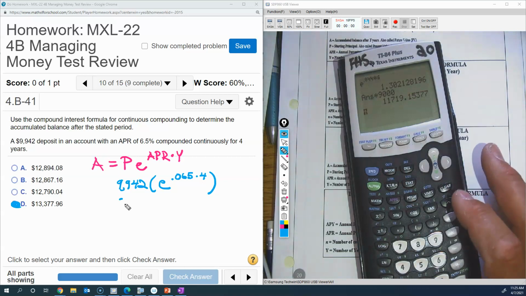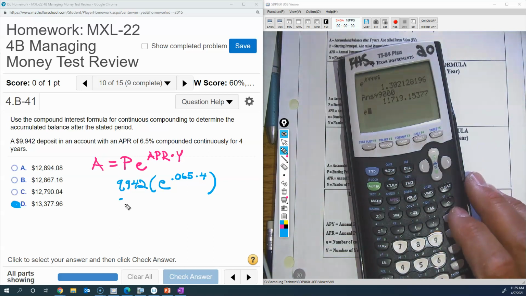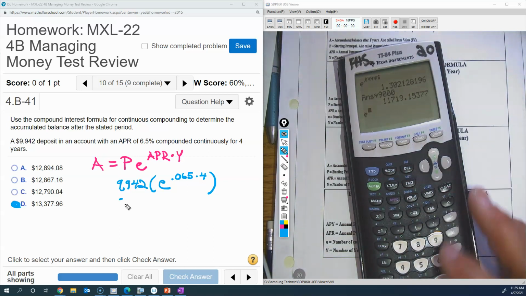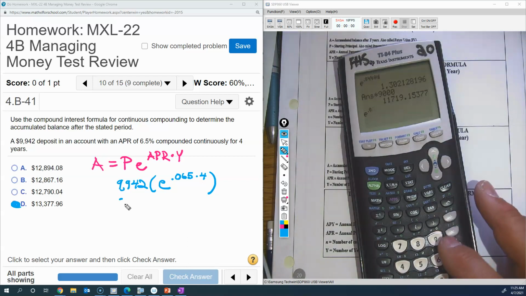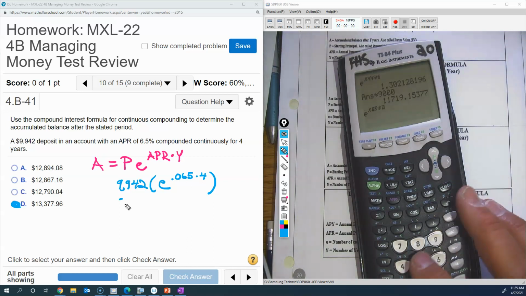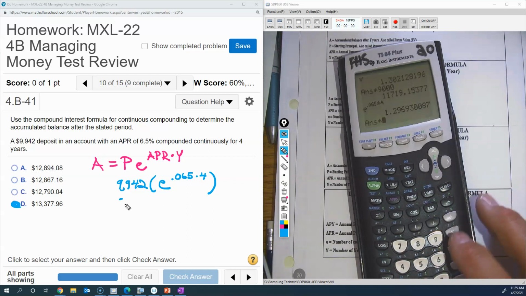Second divide, there's my E, exponent 0.065 times 4 years times my principal.